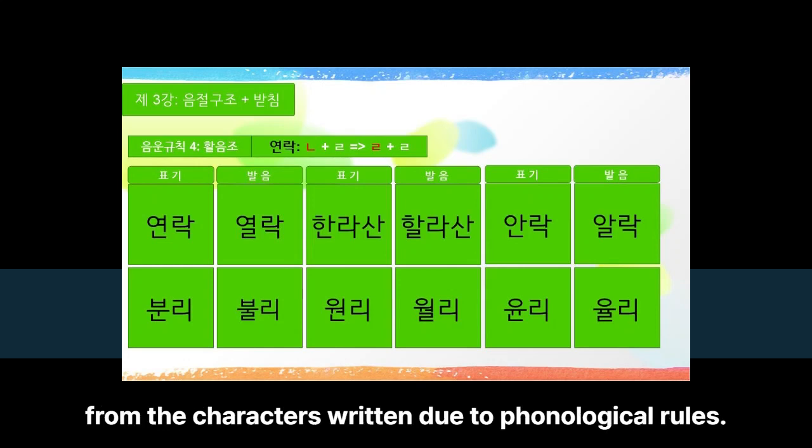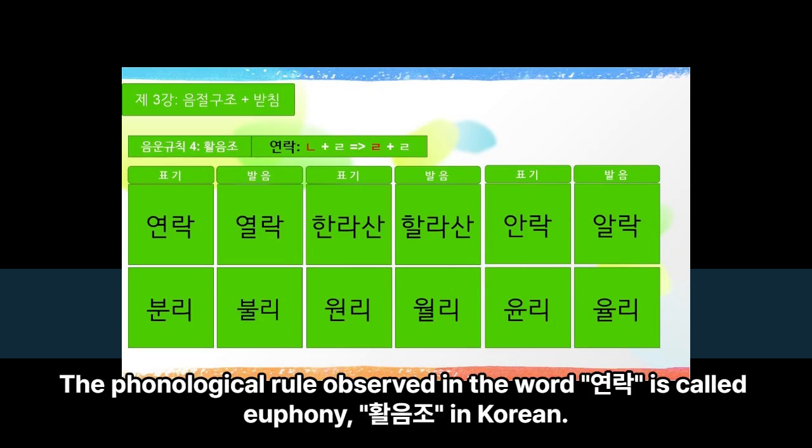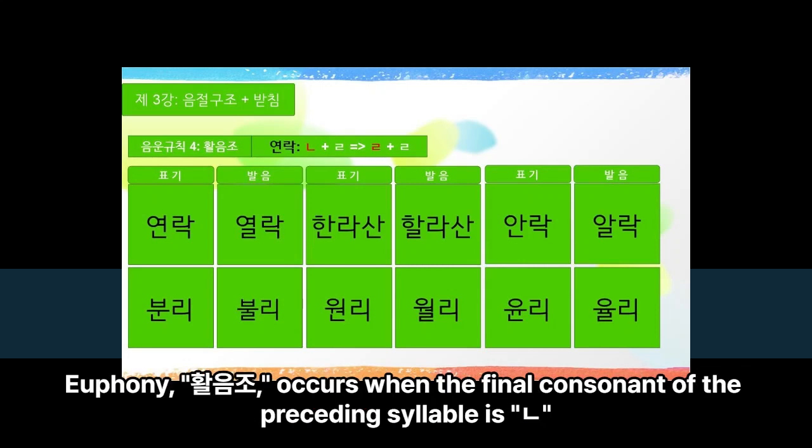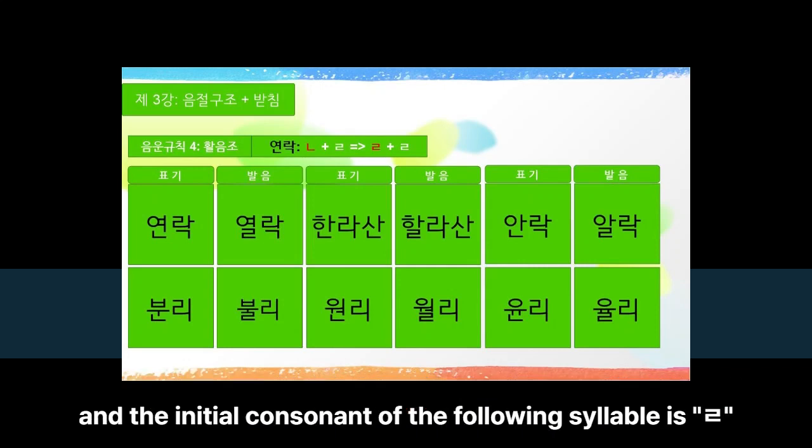Among the words mentioned above, you will notice that the word yeollak is pronounced differently from the characters written due to phonological rules. The phonological rule observed in the word yeollak is called liquidization in Korean. Liquidization occurs when the final consonant of the preceding syllable is nieun and the initial consonant of the following syllable is rieul.